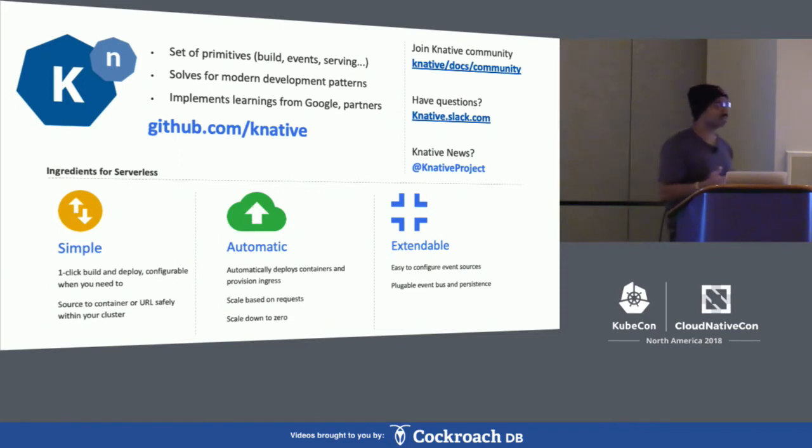Building, the components that make up the building, allow us, as a developer, if I have some code in my source control, I want to be able to get that built out and then deploy it onto the cluster. That's what it does at a higher level. It gives us those low-level primitives that help us get the code out onto the cluster. And then serving, things like traffic management, canary deployments, being able to do blue-green, those kinds of things.